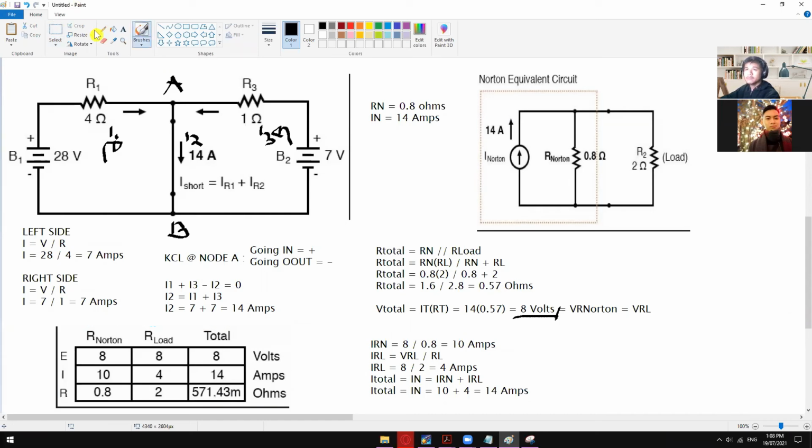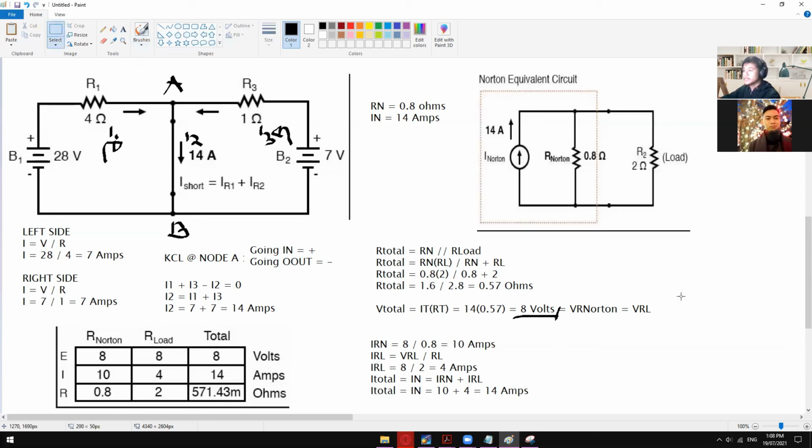Maybe until now, some of you are still confused about milliamps and amps. Milliohms, okay? Not amps, because this one is a resistance.